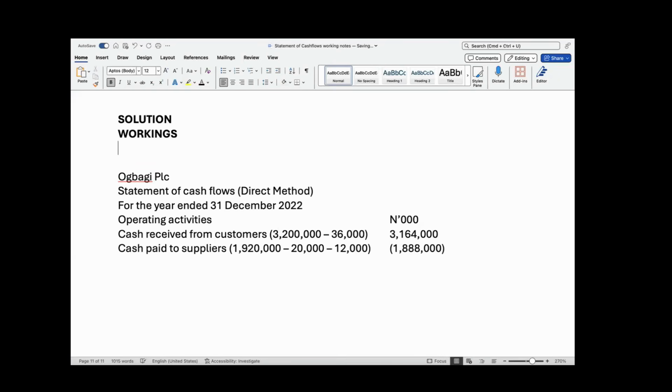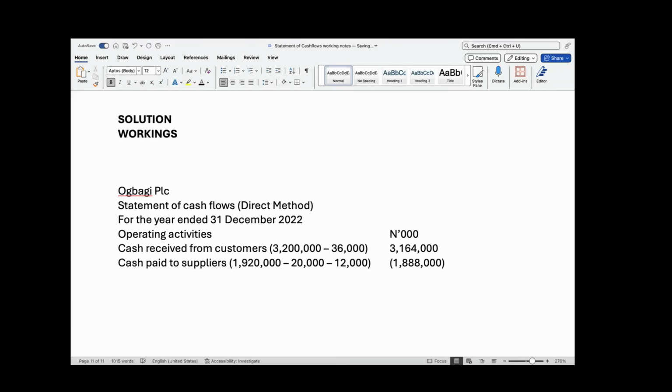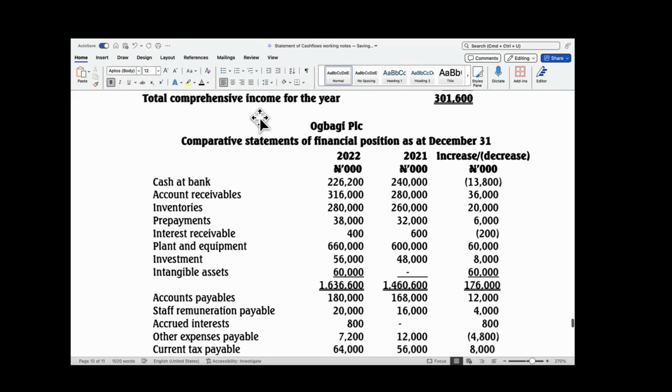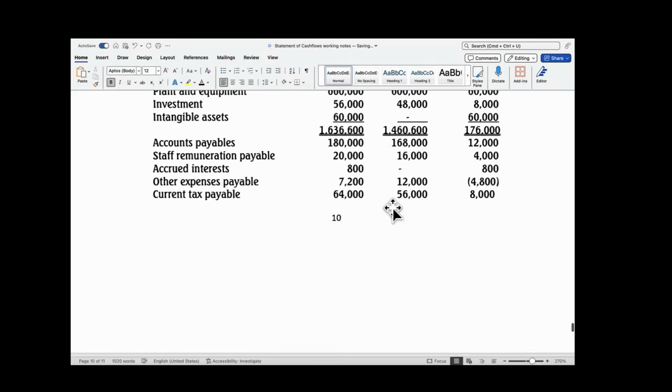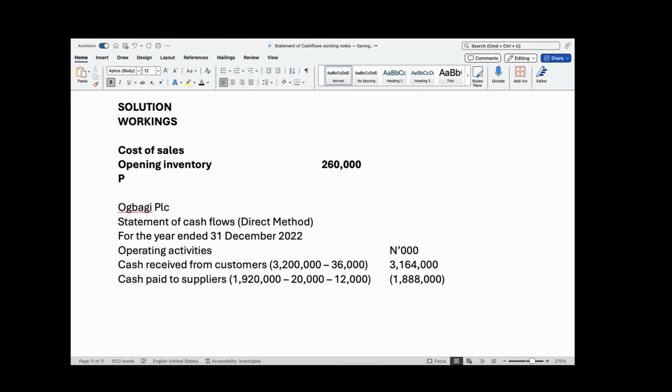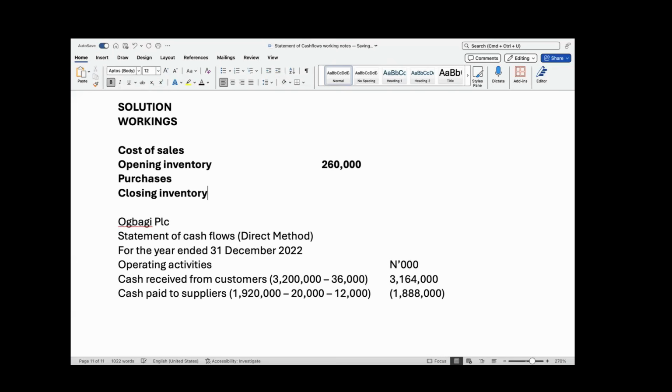Let's be careful here. Another way is this. From this cost of sales, I just want to check something. What's my opening inventory? My opening inventory is 260. Then my purchases. Then I deduct my closing inventory, which is 280.